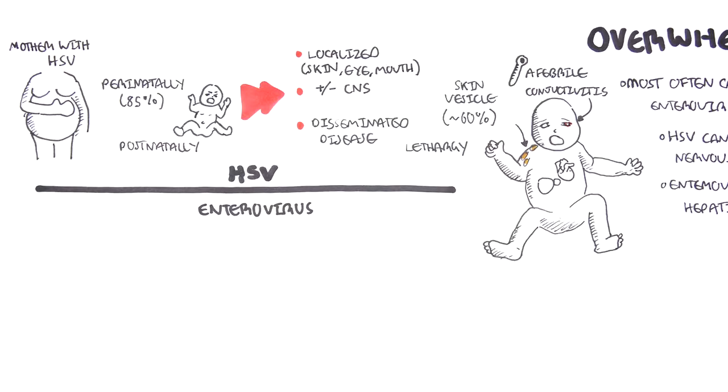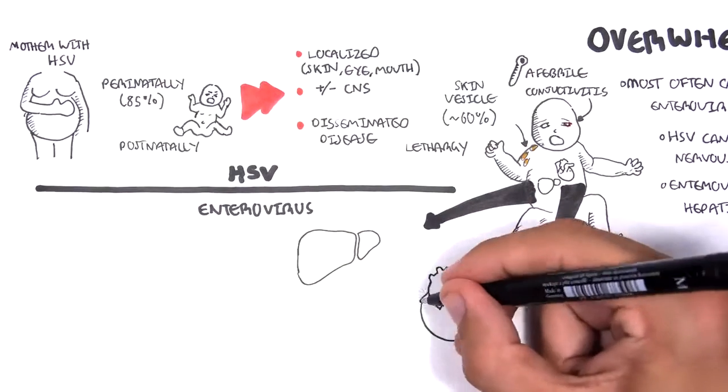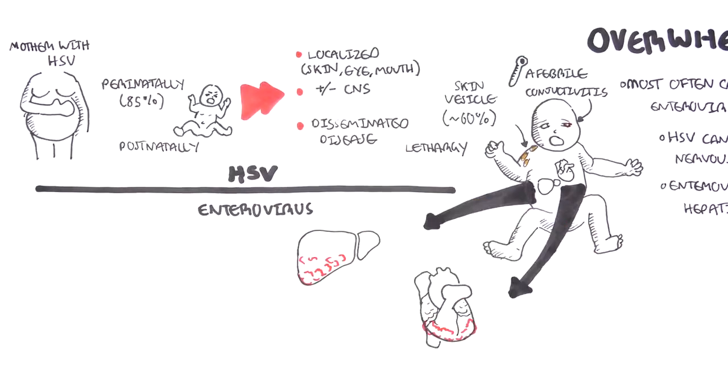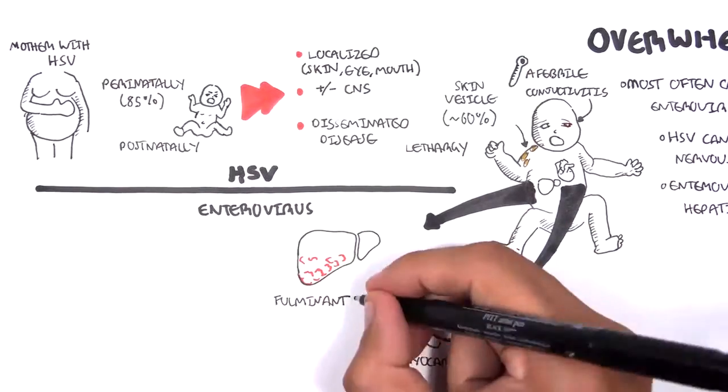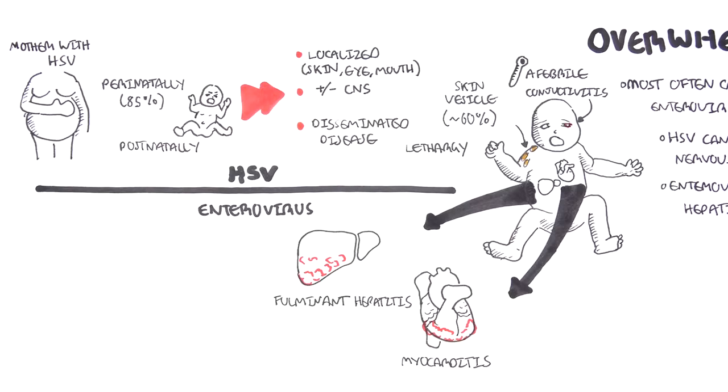Finally, the enterovirus, which can also cause the overwhelming viral infection. Now, enterovirus infections can actually lead to a fulminant hepatitis or myocarditis, which is infection of the myocardium, the heart muscle cells. Now, if it causes myocarditis, it often has with it encephalitis or hepatitis.